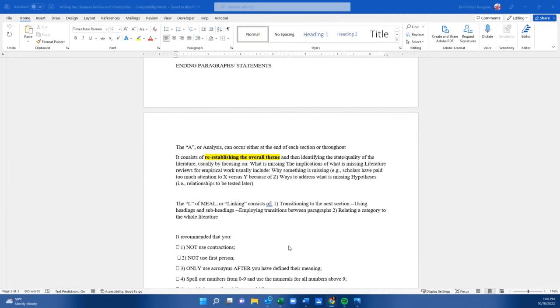You want to talk about their design. You might want to mention the participants. You want to talk about their findings. And then you definitely want to talk about how this links back to your study.